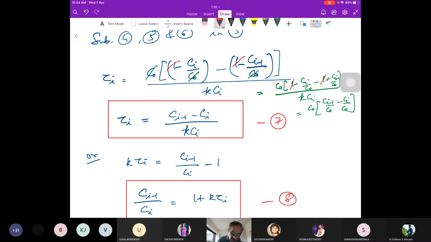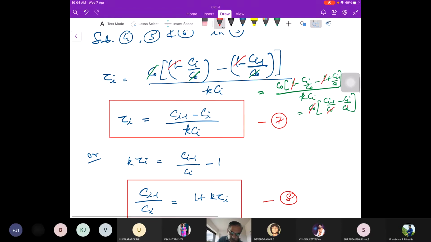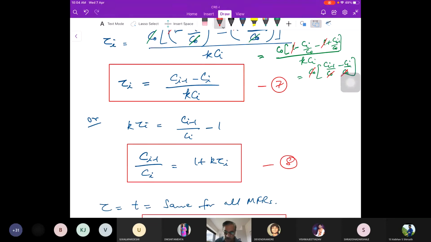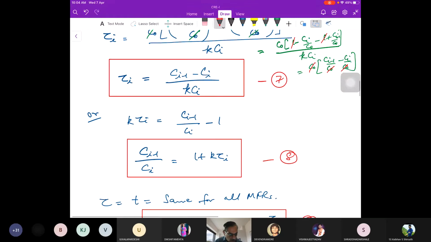So C naught कैंसिल हो जाएगा. And what you get is tau i is equal to nothing but Ci minus 1 minus Ci upon K into Ci. ठीक है. Okay, so are there no questions?